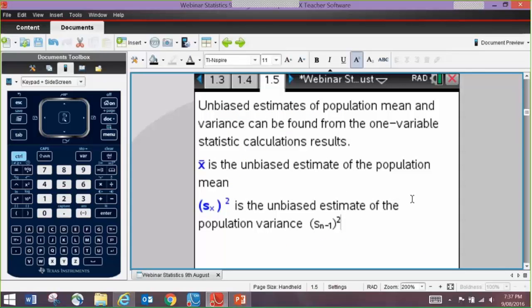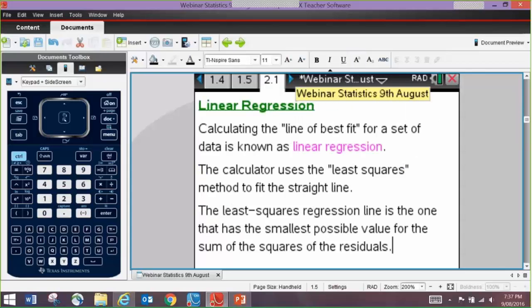For the higher level option, the unbiased estimates of mean and standard deviation are x bar and Sx, as you'll see in the calculator list. That represents Sn-1.